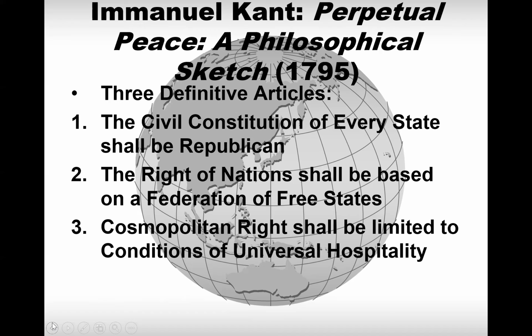And within the European Union, you have cosmopolitan right, meaning that under Article 45 of the EU Charter, there is free movement of people, meaning that people can move from one member state to another.